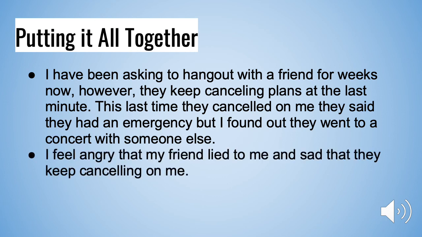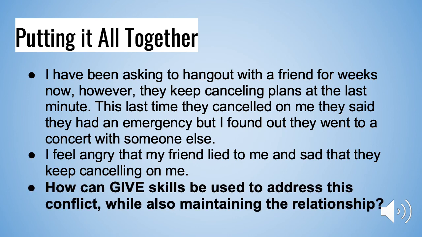When I found this out, I felt angry that my friend lied to me, and also sad because they keep canceling and I haven't seen them in a while. So, how can I use GIVE skills to address this conflict with my friend while also maintaining our relationship?